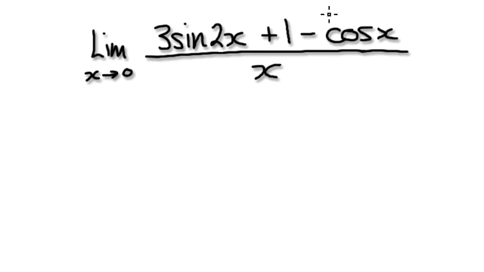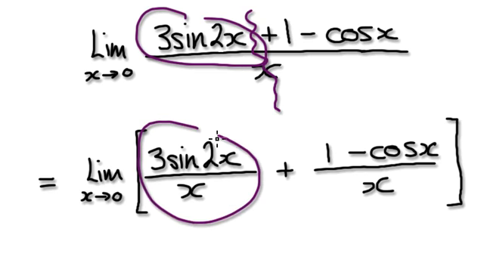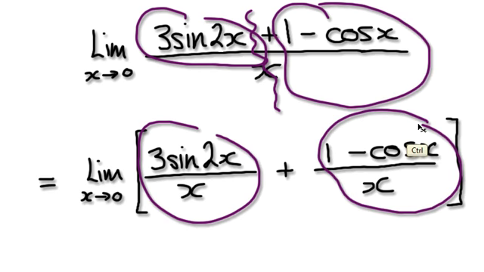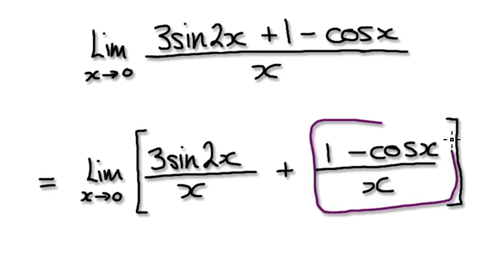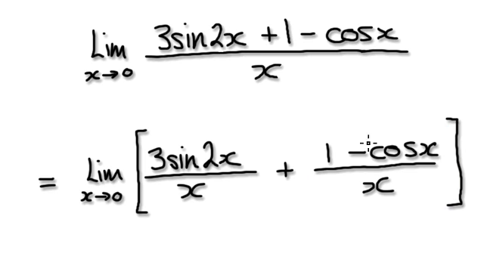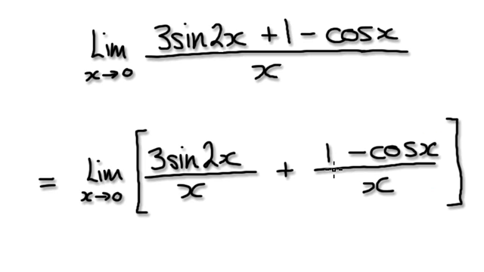Break it along here. So this is one fraction over x, and this is another fraction. And the good thing is that this is what you've got to keep an eye out for. The limit of this will be 0.